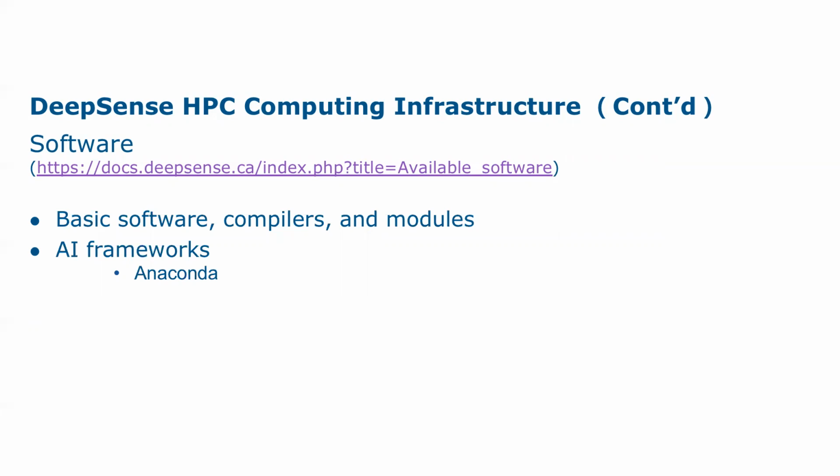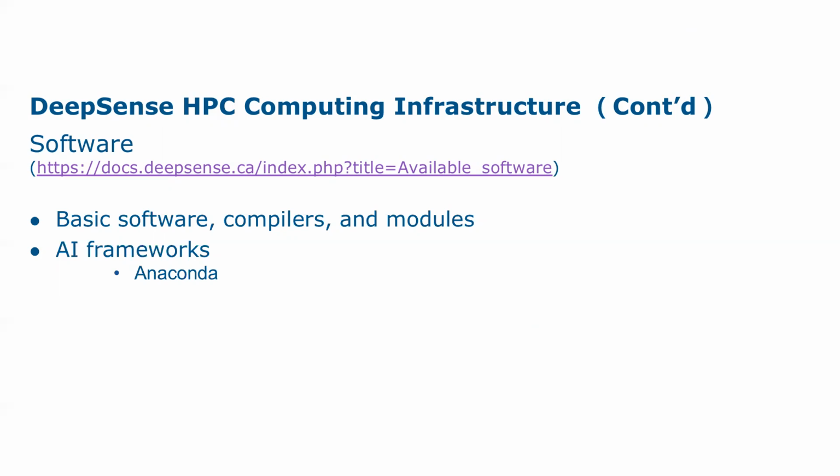We have Anaconda. Anaconda is an open source distribution of the Python and R programming languages for scientific computing. It aims to simplify package management and deployment. So we have Anaconda installed globally on our systems, and we also encourage our users to install Anaconda in their home directory for their own flexibility, because different users may use different versions of Anaconda.